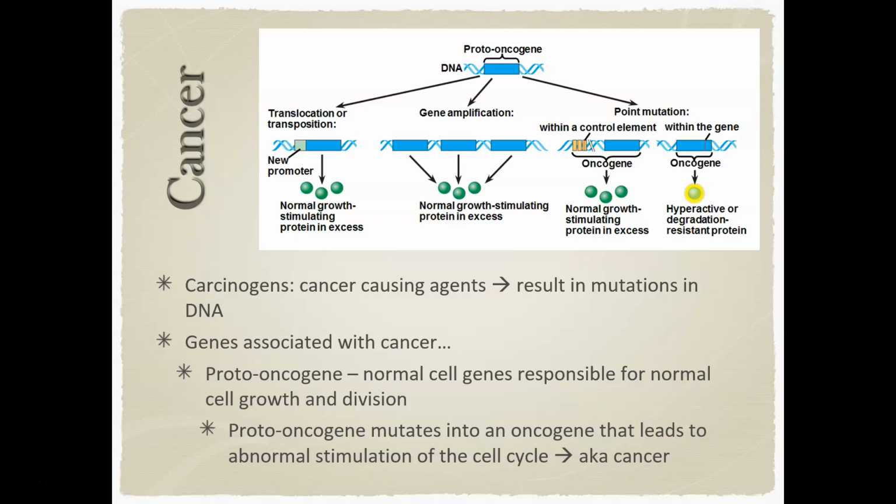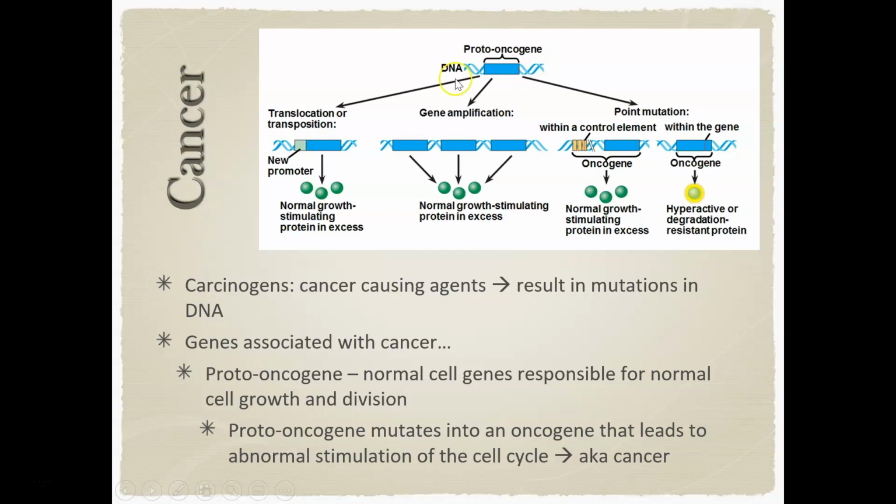Problem is that if a carcinogen comes into play and creates a mutation that occurs in a proto-oncogene, it will turn into what we call an oncogene. So drop the proto part. And oncogenes are specifically related to this abnormal stimulation of the cell cycle, right? The breakdown in that cell regulation, and that's where we get the cancer.